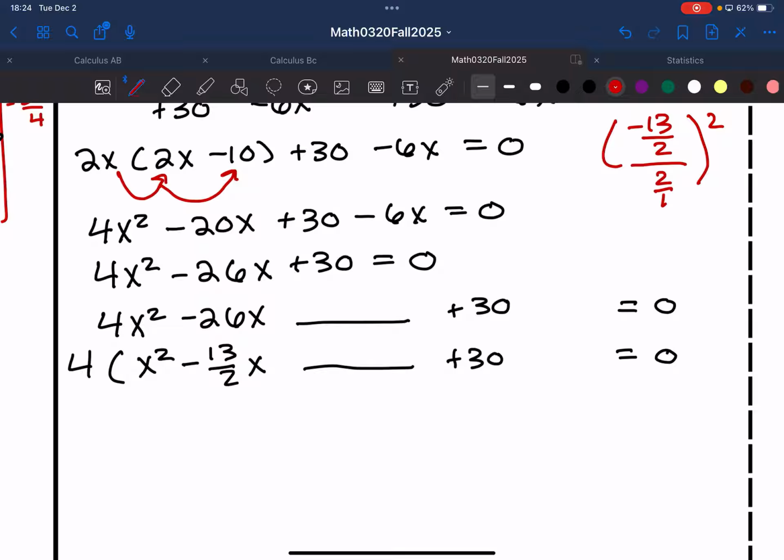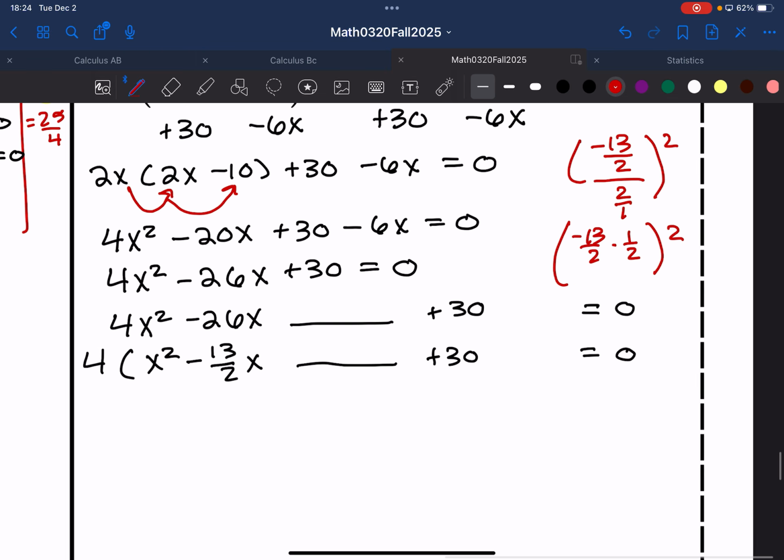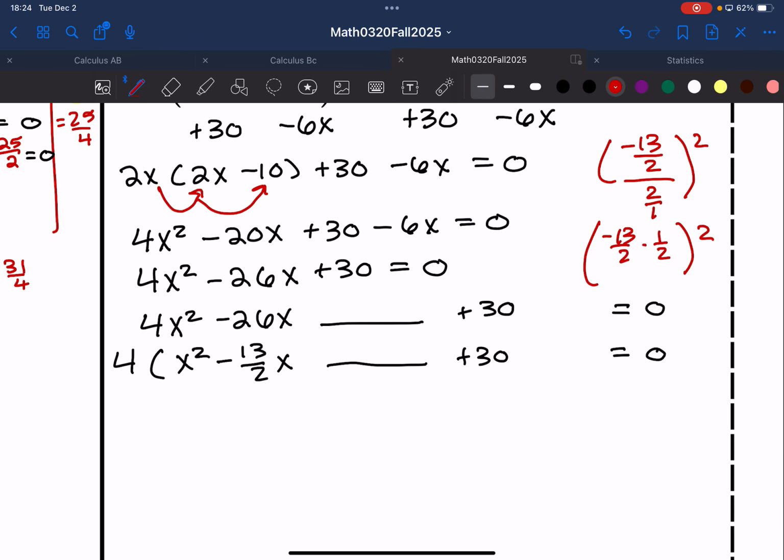So negative 13 over 4. Good. Where'd you get the divided by 2 over? It's part of our formula, b divided by 2. And so instead of dividing by 2, I made it a fraction 2 over 1. And so this gives me negative 13 over 4 squared.